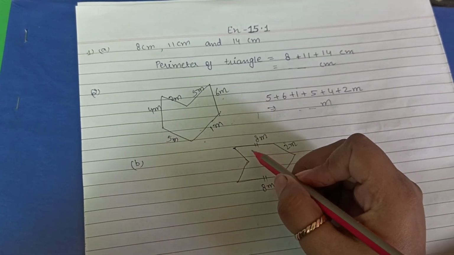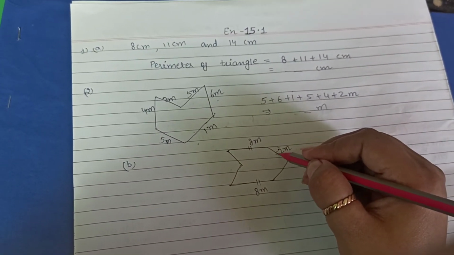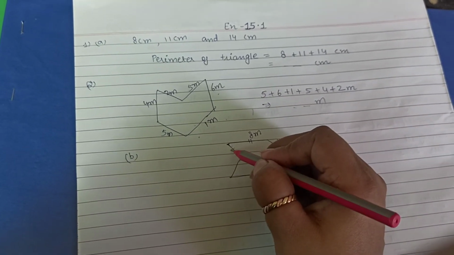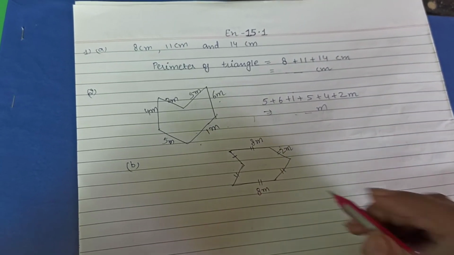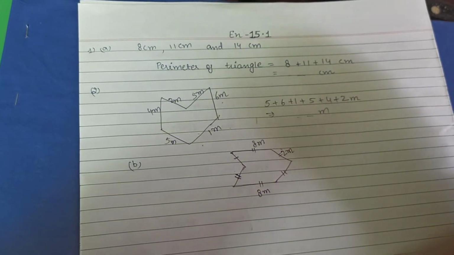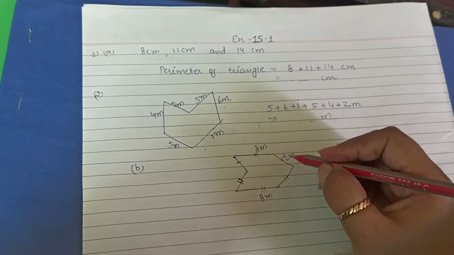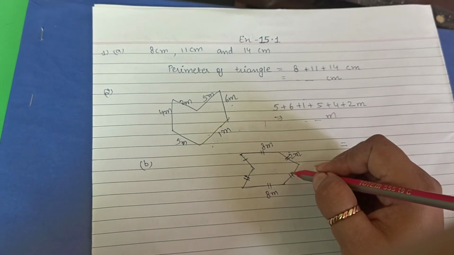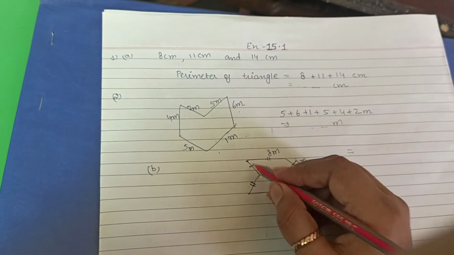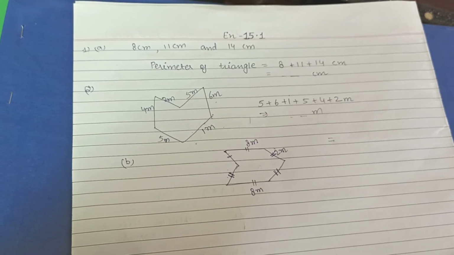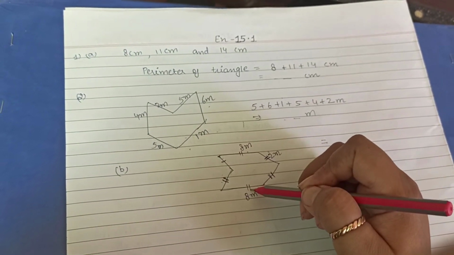So students, the meaning of these two lines is that these sides are equal. We write an equal sign like this, and in the figure when we draw these lines, it means these sides are equal to each other. So this one is 8, this one also 8.